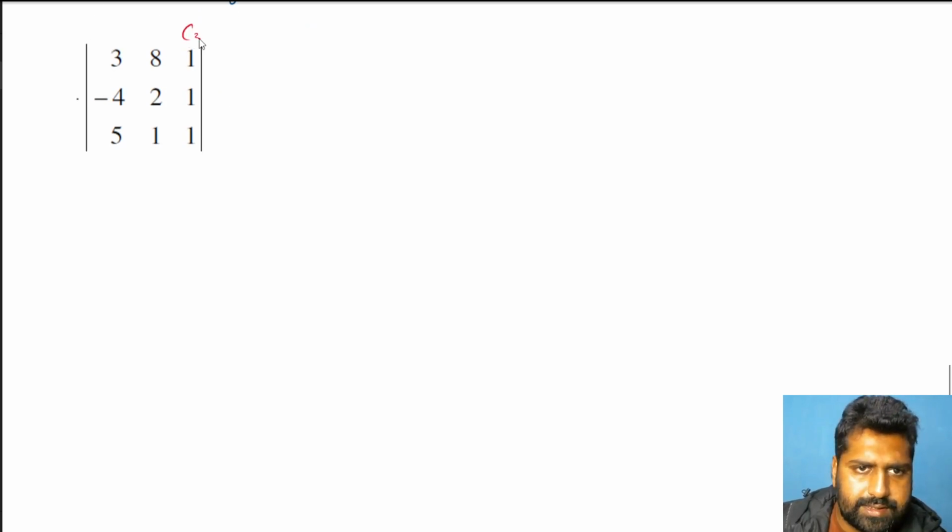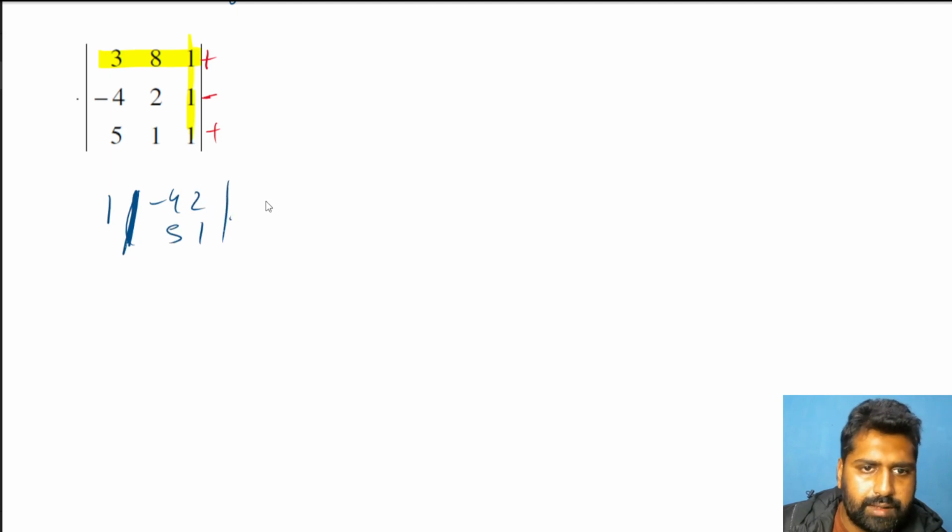So column 3, this is C3, expanding about it. For the last column also the symbolic notations are positive, negative, positive. So same thing, plus, minus, plus. First let's open with this 1 into the determinant of minus 4, 2, 5, 1, then minus 1 into the second one with a negative.